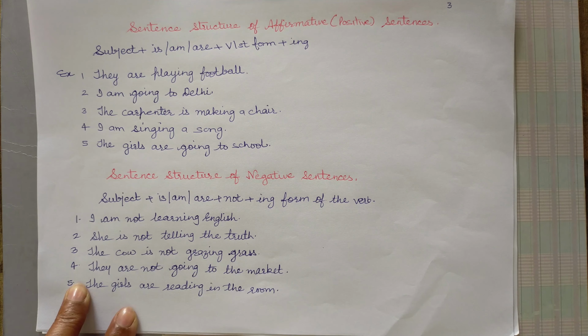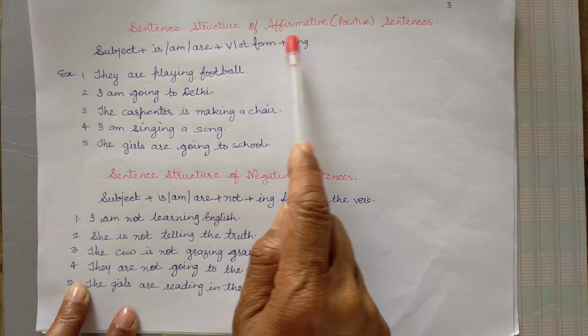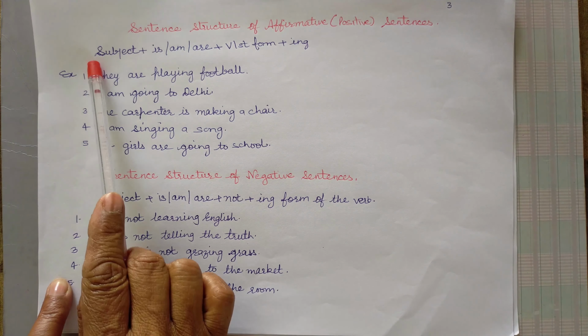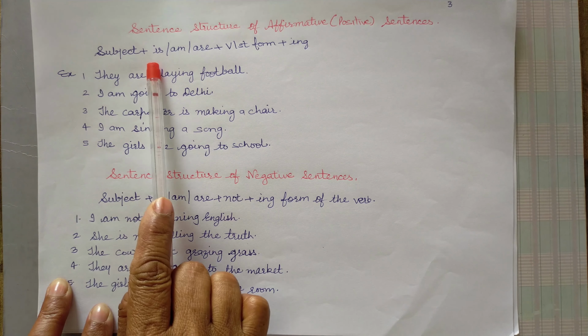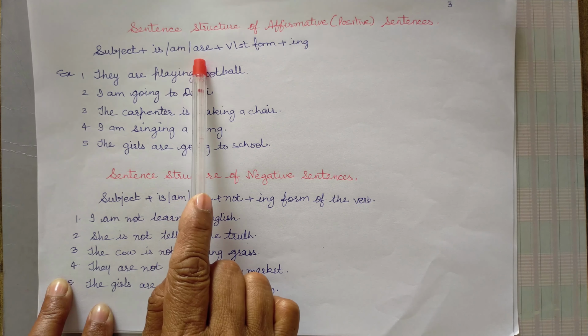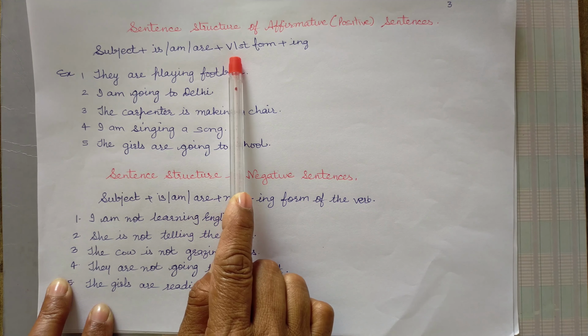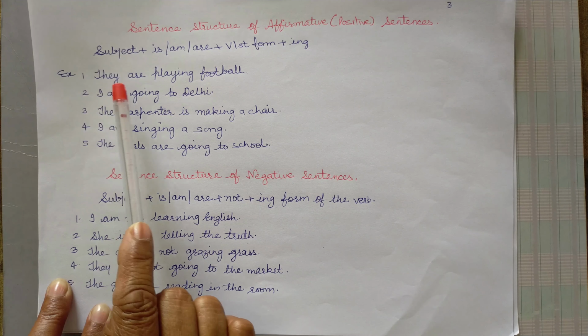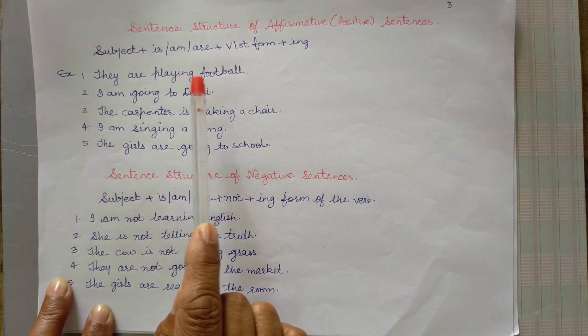Let's move to its structure. Sentence structure of affirmative or positive sentences. Subject plus is, am, are plus verb's first form plus ing. They are playing football.